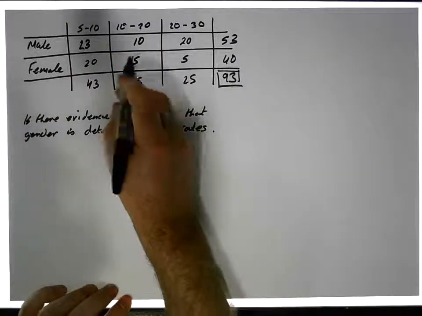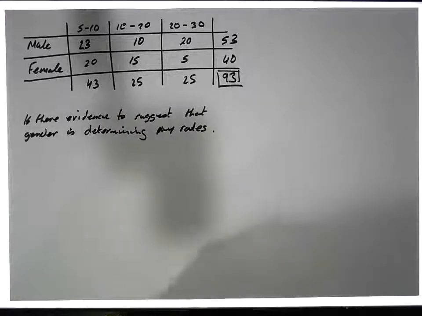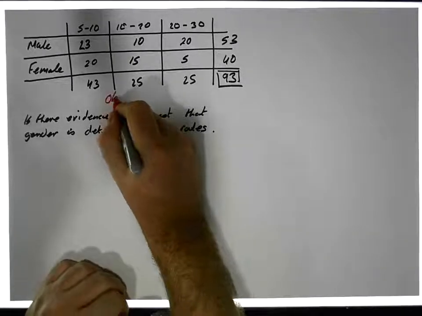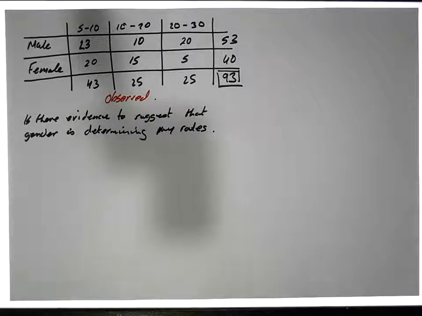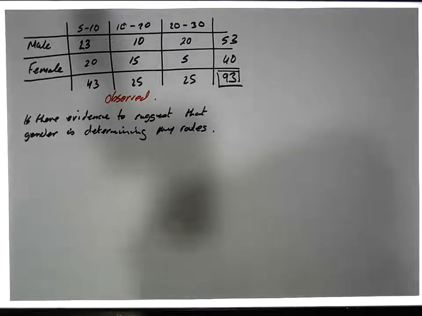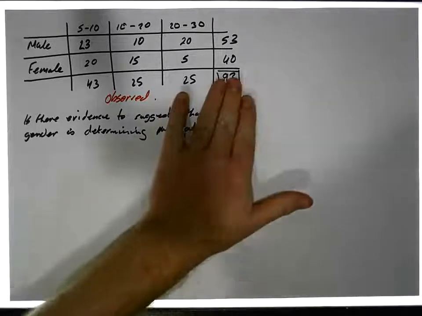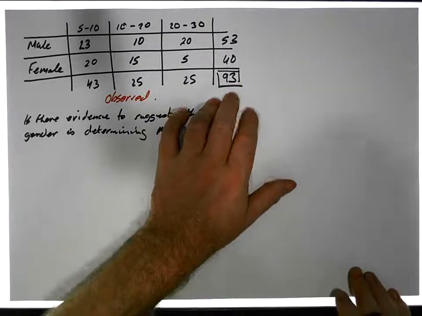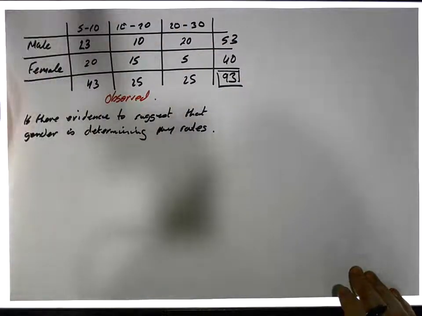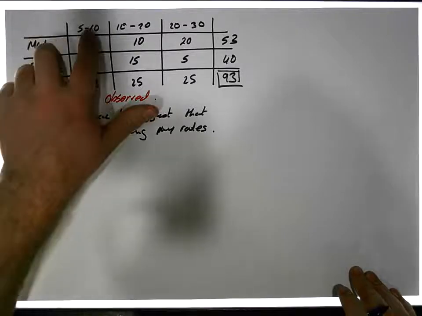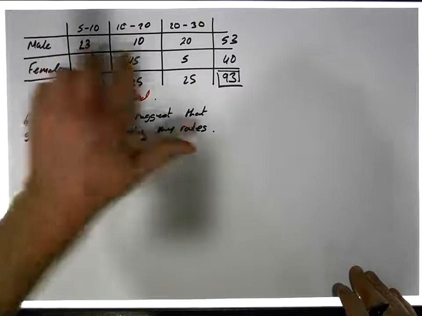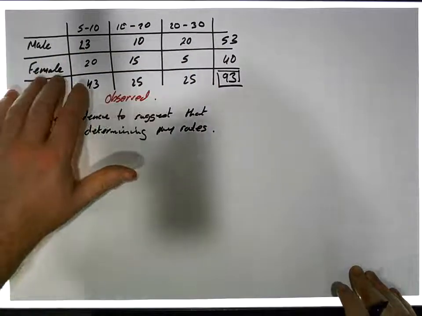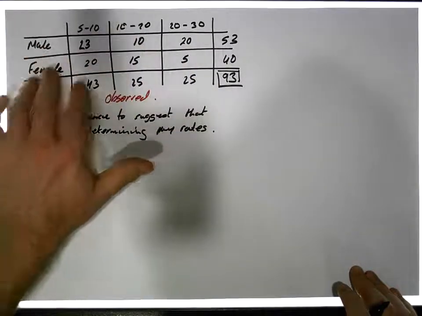These are observed. Let me just get a red pen here. So this is what we've observed. Now, the question is, what would we expect to happen? If everything was as equally likely as anything else to happen, we'd expect the 93 people to be distributed across these particular categories: the male 5 to 10 euros category, the male 10 to 20 euro category, the male 20 to 30 euro category, and the female 5 to 10, the female 10 to 20, the female 20 to 30 category.